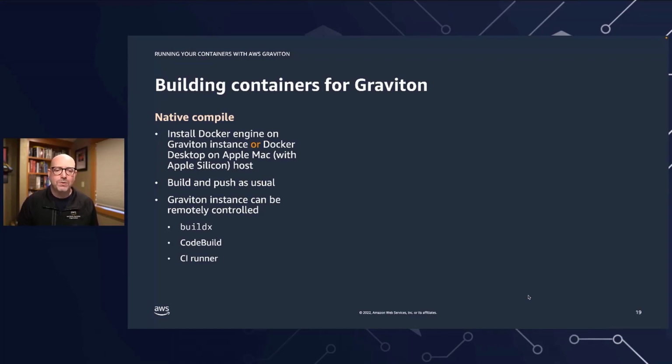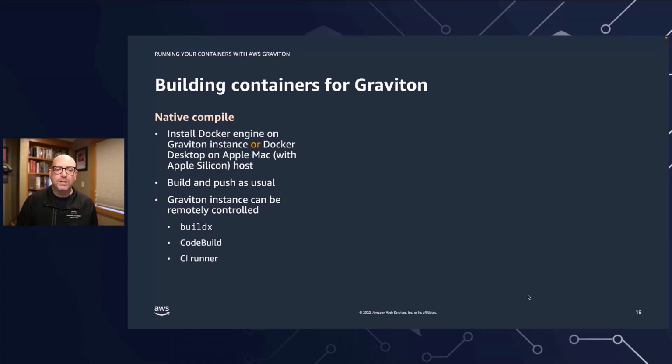You can install your Docker Engine on a Graviton instance, or if you're using an Apple Mac with Apple Silicon available, for example, the M1 series of processors or the latest M2, you can install Docker Desktop on this Mac, and you can build your container image for Graviton locally and quickly.